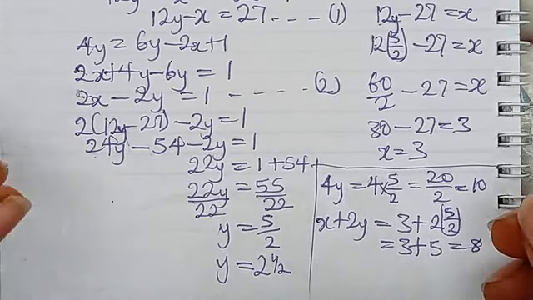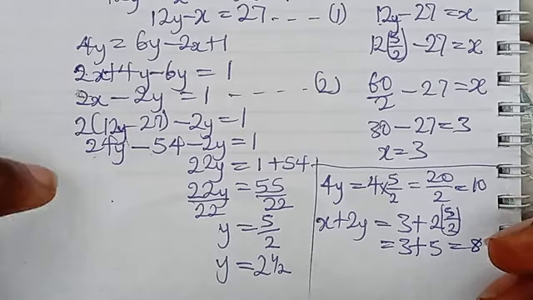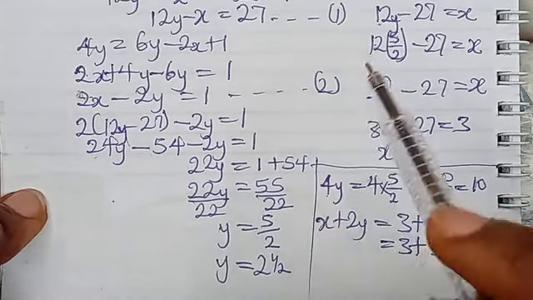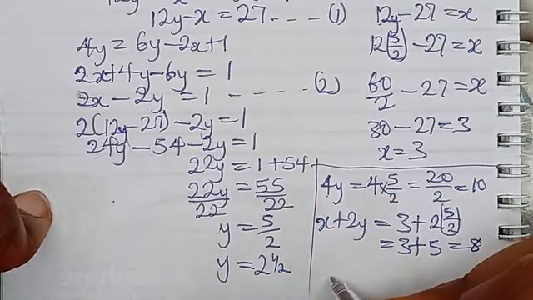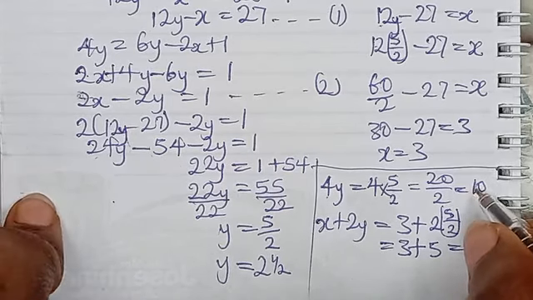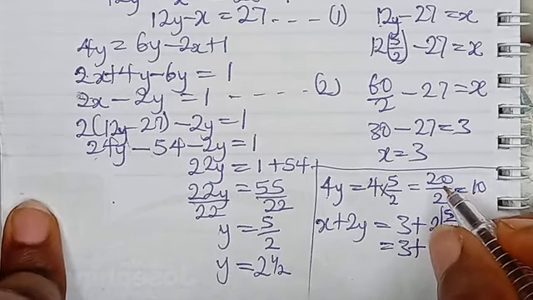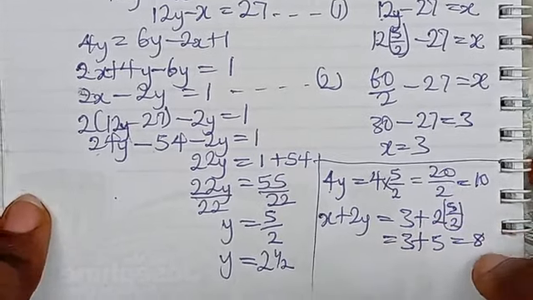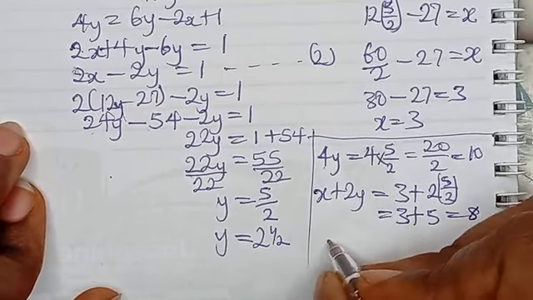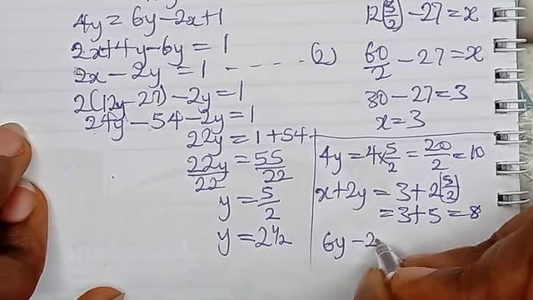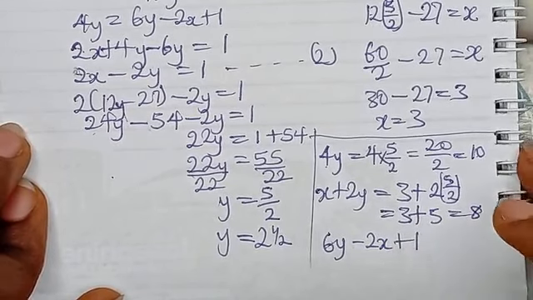Now, the test whether all these things are equal is when 4y equals that other side that has 6y minus 2x plus 1. Now, let's check. If it is equal to 10, then we know that everything we solved is correct. So solving for the third side is also a check. We have 6y minus 2x plus 1.